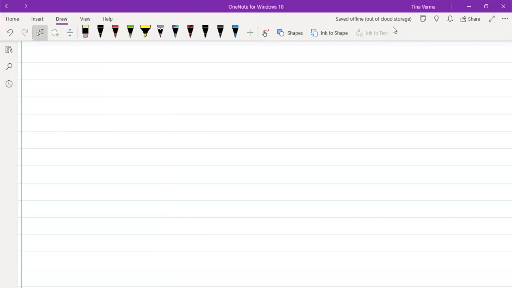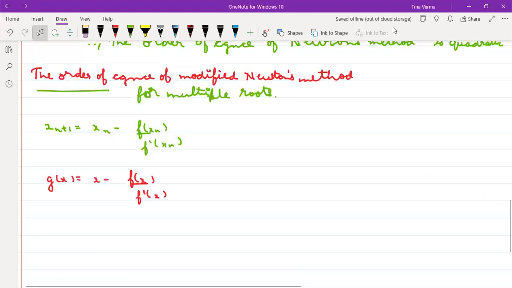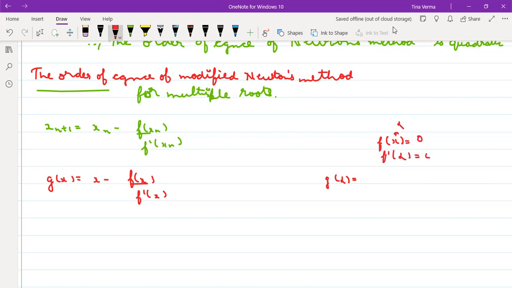We have shown that the convergence of Newton's method is 2, but why is the convergence slow for multiple roots here? You can check that g of alpha becomes 0 upon 0 form. If the function has multiple roots, you can check my previous video also, f of x at alpha will be 0, f dash at alpha will be 0, f double dash alpha will also be 0.